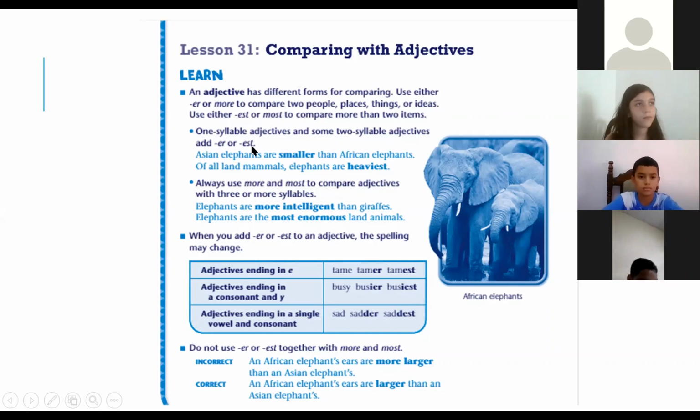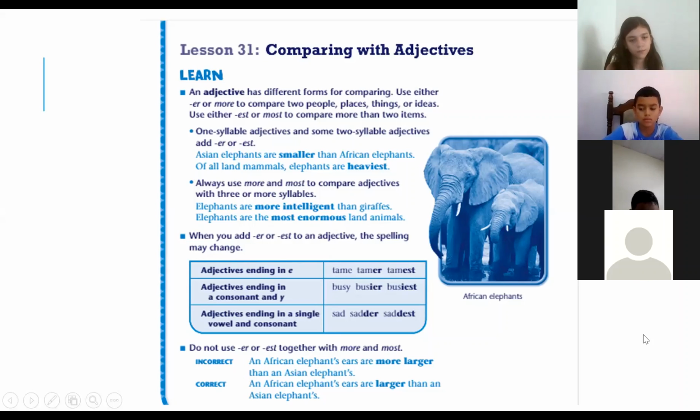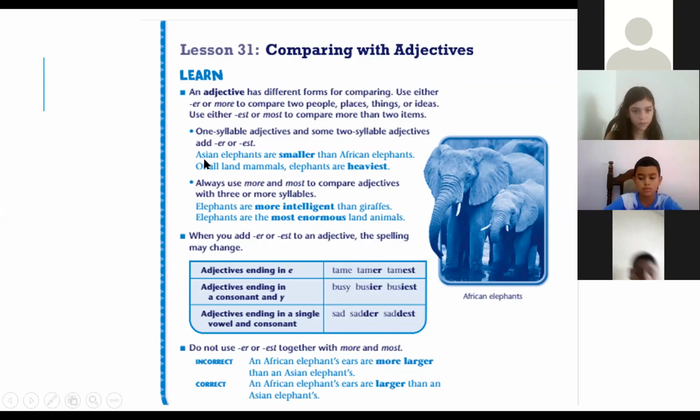And some two syllable adjectives, you have to add ER or EST. It's not to all of them, it's only to some of them. For example, here we have: Asian elephants are smaller than African elephants. Small is a one syllable adjective, so that's why you add ER.